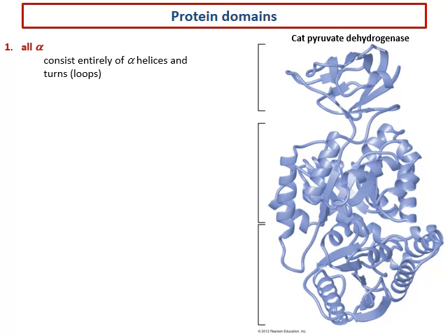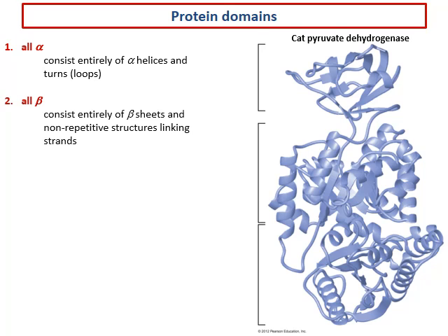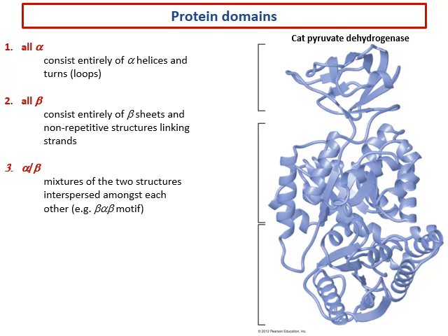So we have all alpha, which would consist entirely of alpha helices and turns, also known as loops. And if we look here in the middle portion of pyruvate dehydrogenase, we see a lot of alpha helices. We have protein domains which are all beta, and you can see at the top portion here of pyruvate dehydrogenase, a lot of beta sheets coming together to form a functional domain within the protein.